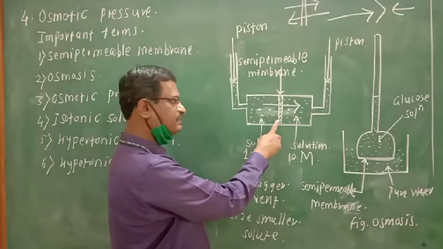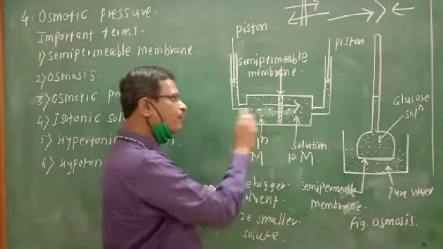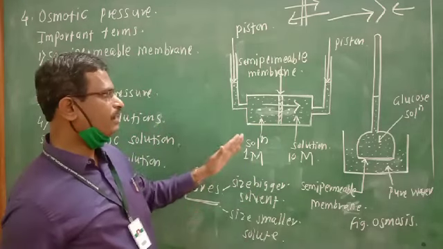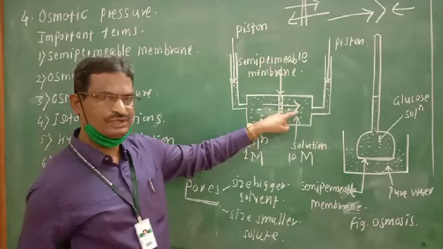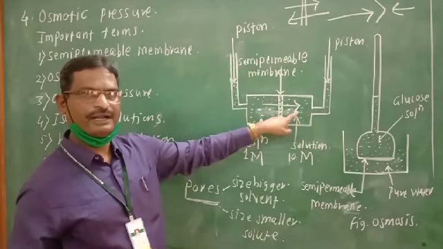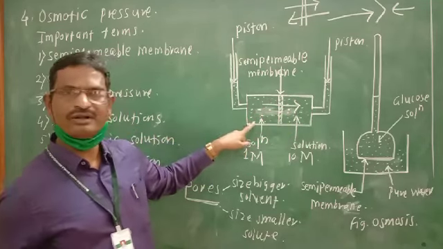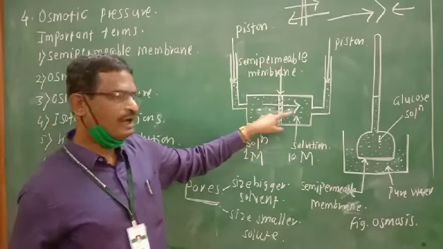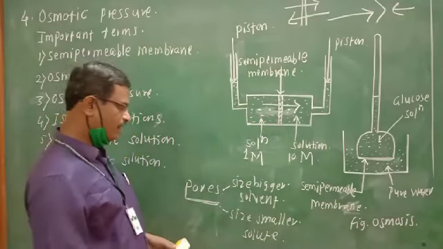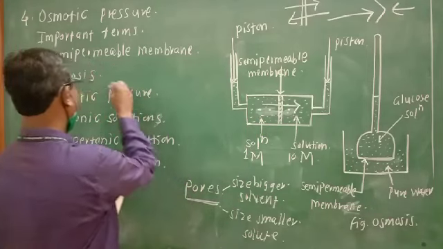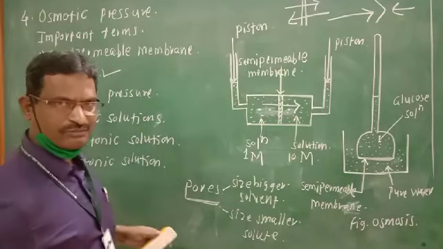So osmosis is the phenomenon of movement of solvent either from a pure solvent compartment to the solution compartment or from a lower concentrated solution to the higher concentrated solution. So here we have studied osmosis.